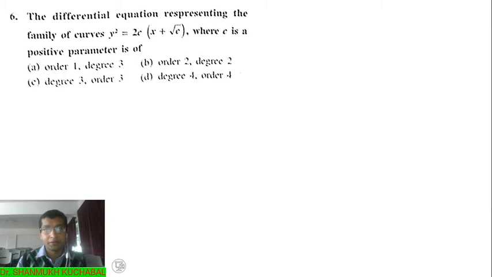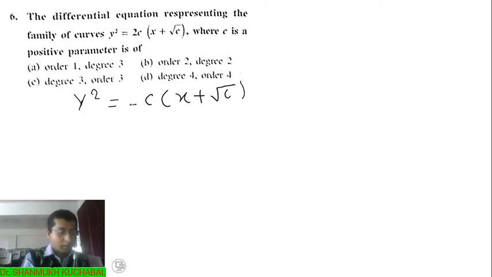The differential equation representing the family of curves y square equal to 2c multiplied by x plus root c, where c is a positive parameter, is of, see, 4 options, we have to choose the correct answer. So first I take the given curve, y square equal to 2c times x plus root c.